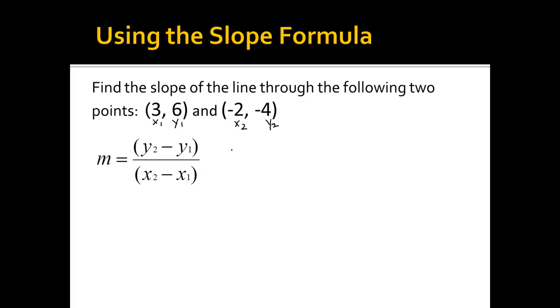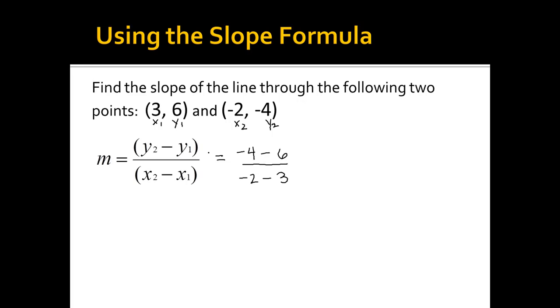Then plug in those coordinates into the slope formula to calculate the slope. So y2 is first, minus y1. Our y2 is negative 4, minus y1 is positive 6, over x2 is negative 2, minus x1, which is positive 3.